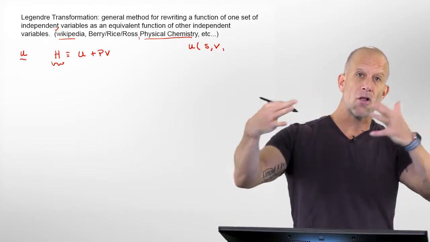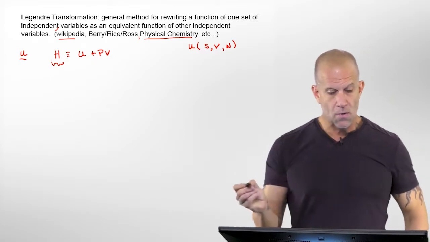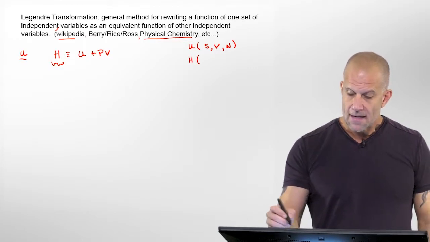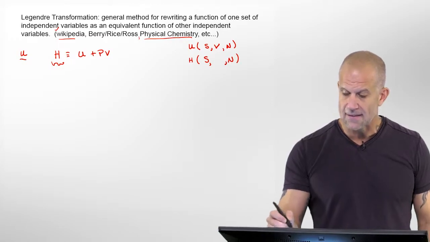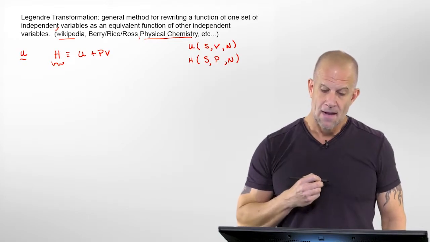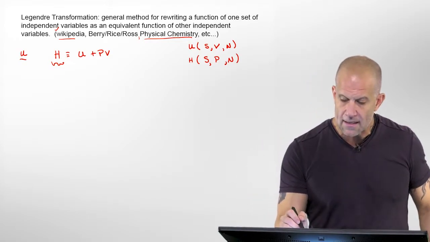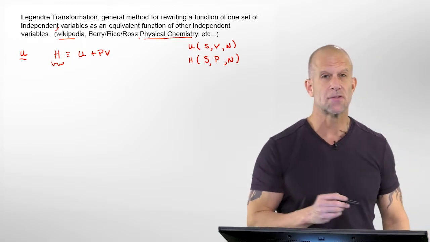If it's not a closed system, it's dependent on the number of moles. What we're going to show is that the enthalpy is dependent on the same variables, except not the volume; it's dependent on the pressure.